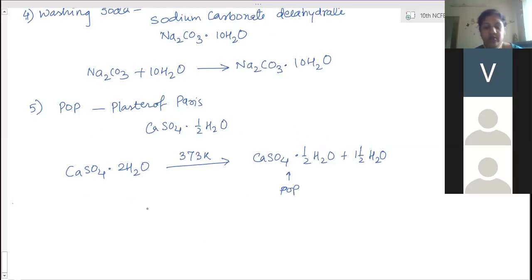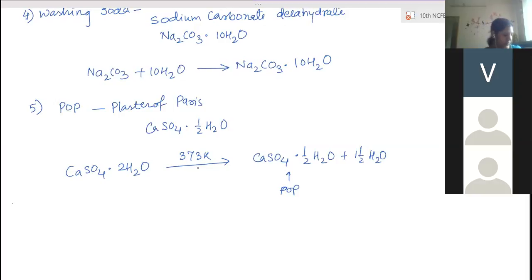Where do we use it? Supporting bone fractures, making wall and ceiling decorations, making idols, statues, toys, etc. Okay.